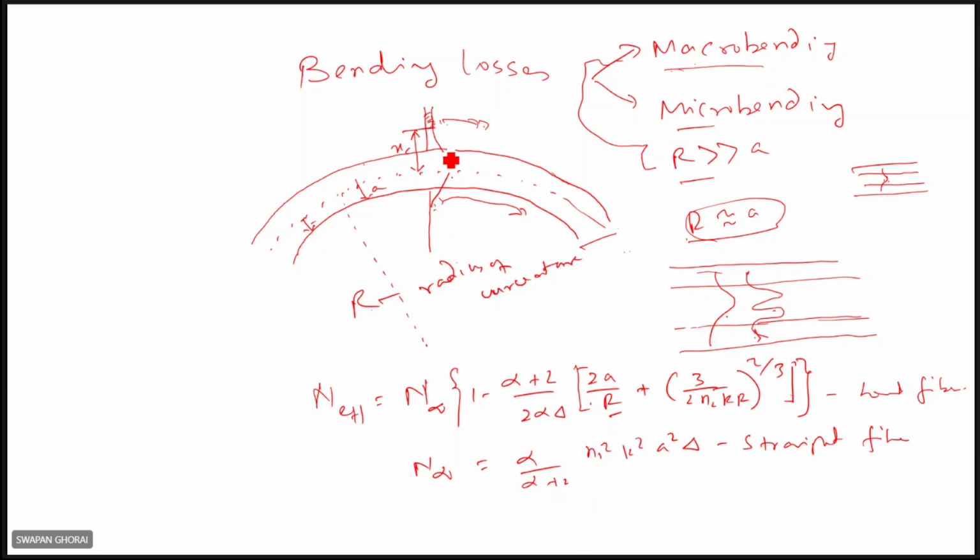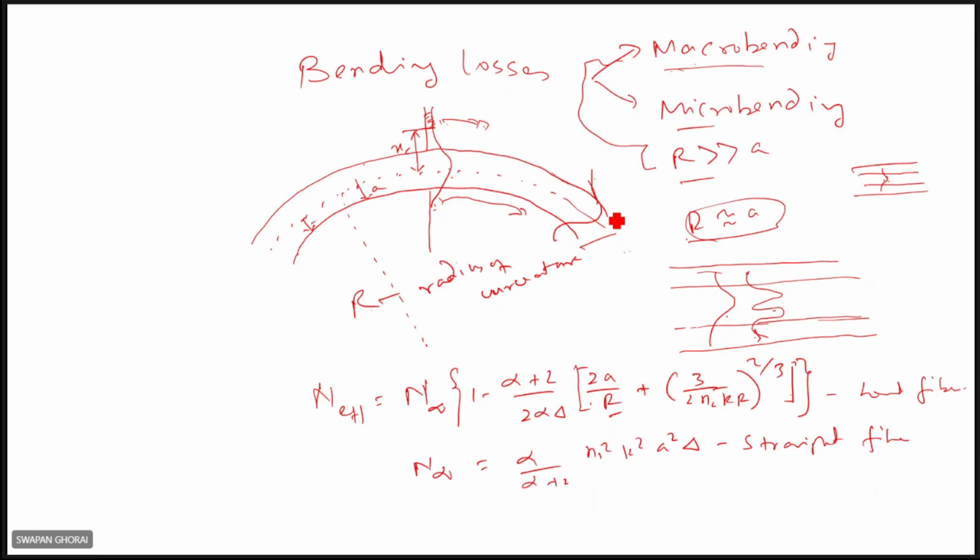Suppose you have launched some light; in terms of modes it will distribute into different modes, say a Gaussian distribution mode. Then the same mode structure can be there.